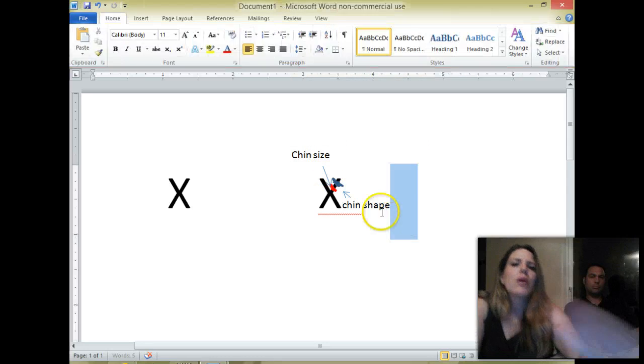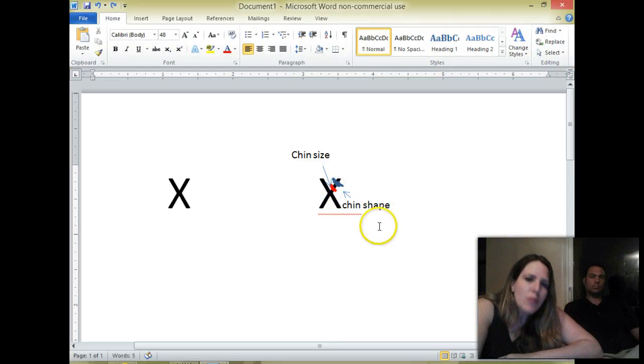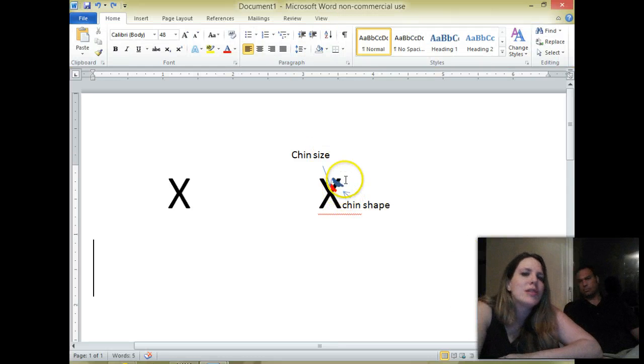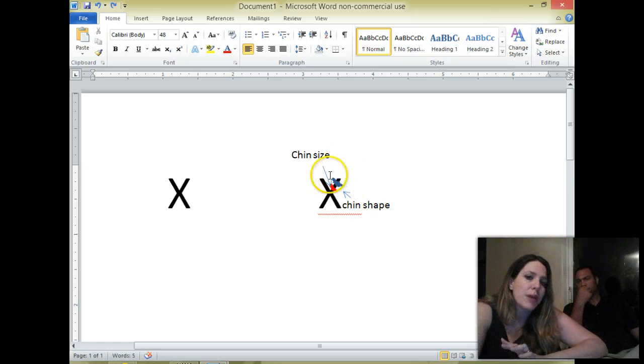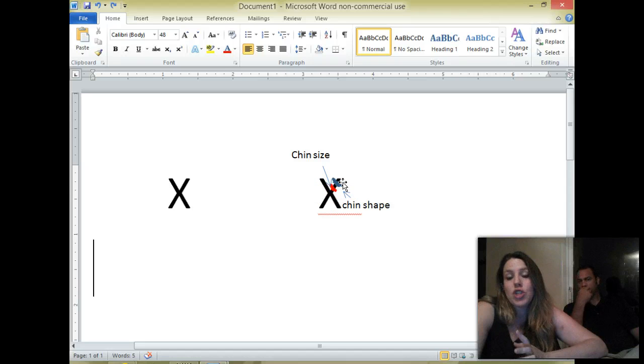So in other words, I have two genes located next to each other on a chromosome. One codes for chin shape, the other one codes for chin size. This is the way most genes probably work in the body: whether or not you get a particular chin size is influenced by what kind of chin shape you got.